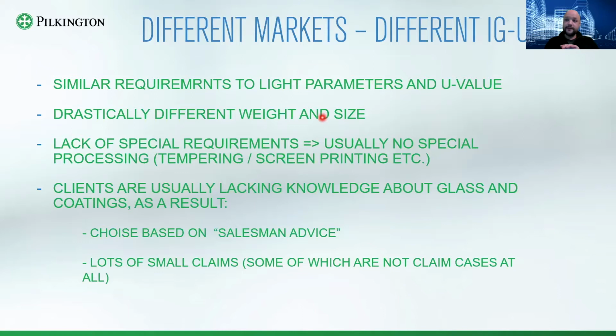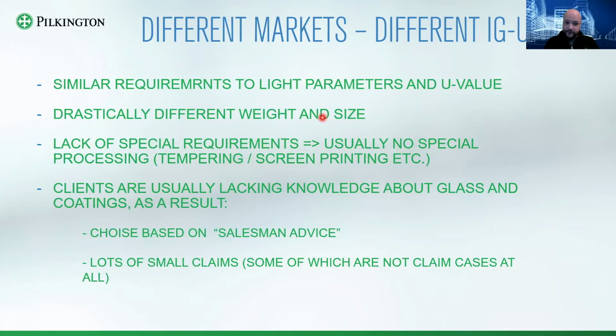But the similarity ends here. Residential IG units are usually many times smaller. They usually lack special treatment of the glass, like tempering and heat strengthening.